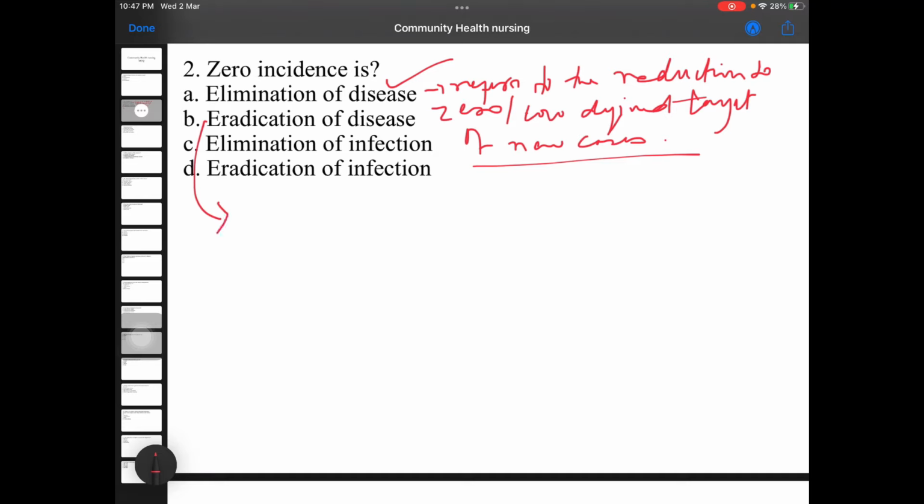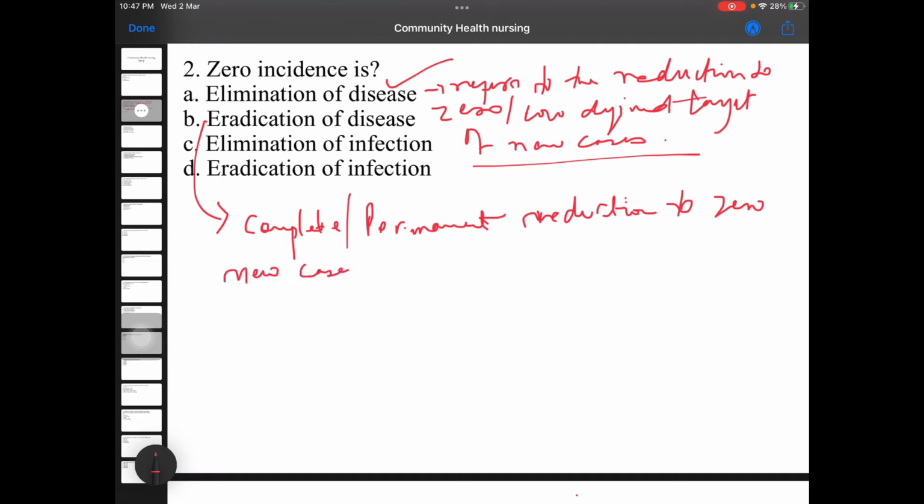What does eradication mean? Eradication refers to complete or permanent worldwide reduction to zero new cases.